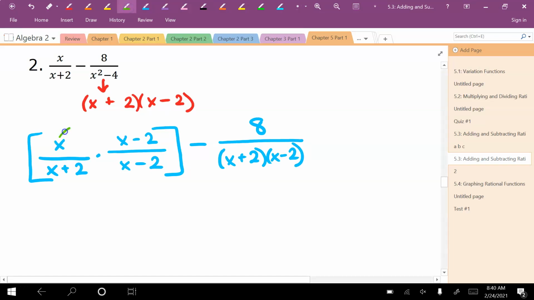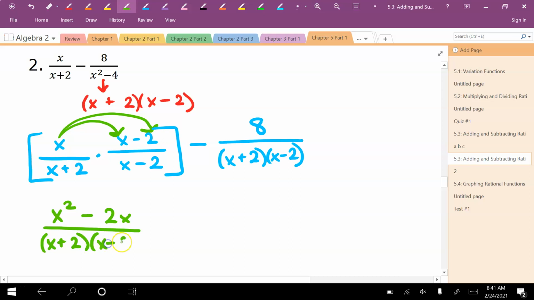On that first one, you have to take x times x, and then x times the negative 2. So on top now, it's going to say x squared minus 2x, and this is over x plus 2, x minus 2. And then we're going to subtract 8 over x plus 2, x minus 2.